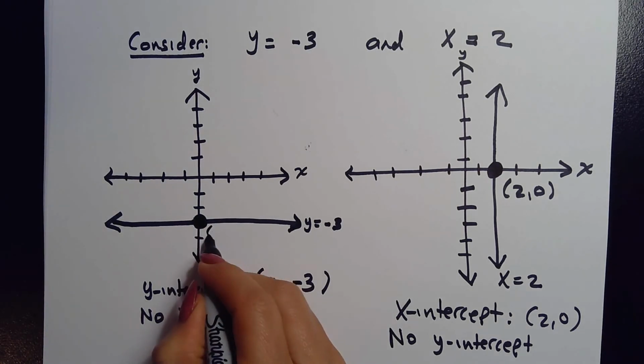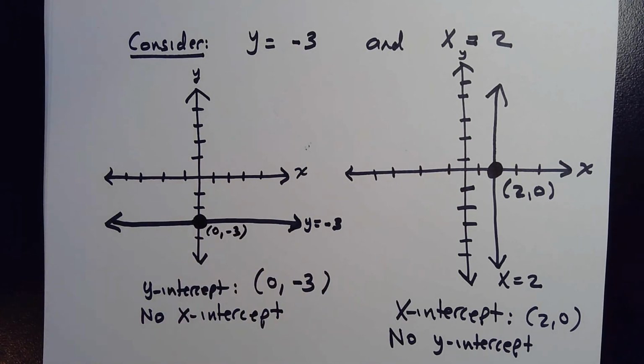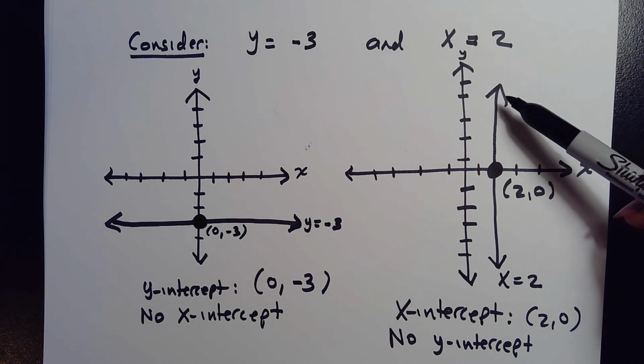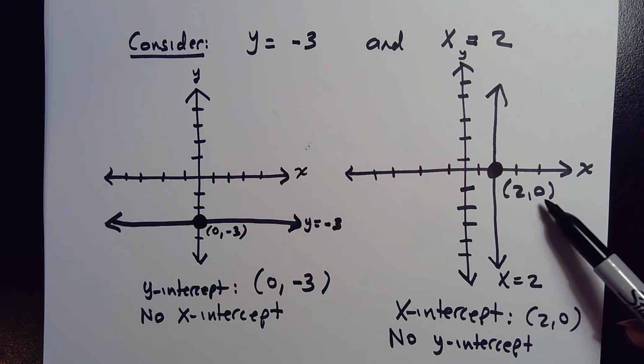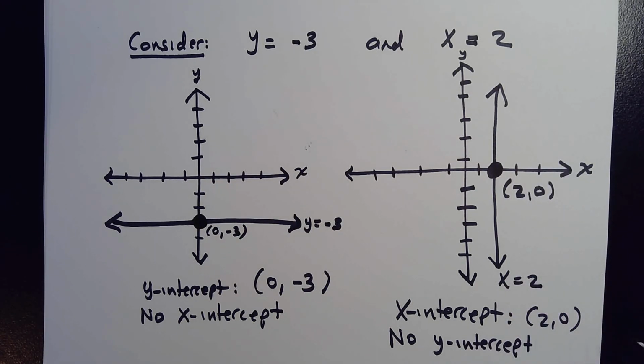That's the y-intercept. But no x-intercept because nowhere does the graph cross the x-axis. Now on x equals 2, the graph crosses the x-axis at the point 2 comma 0. Therefore, the x-intercept is the point 2 comma 0. But there's no y-intercept because nowhere does the graph cross the y-axis.